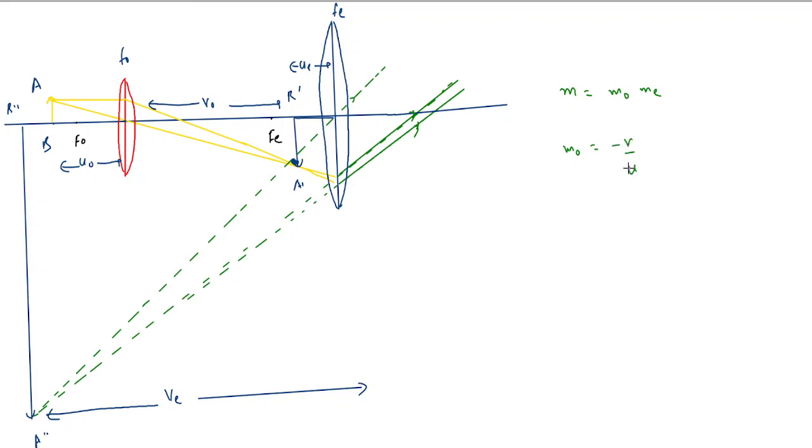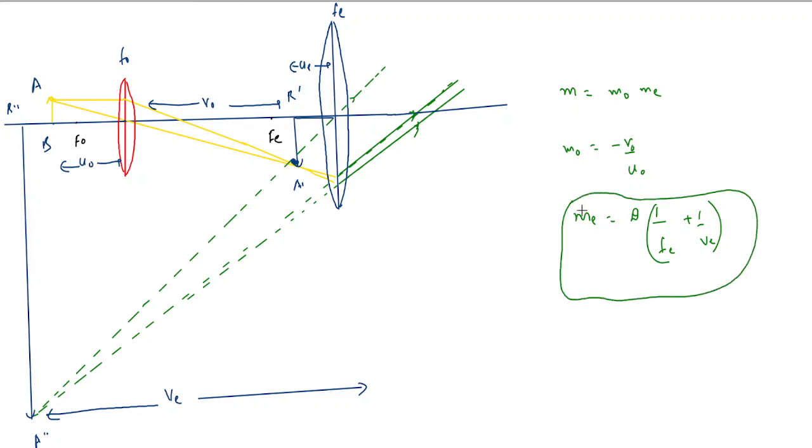Since it's the objective, it becomes v0 by u0, and the eyepiece is like a simple microscope, and we learned that for a simple microscope the magnification is given as D by (1 by fe plus 1 by ve). To understand this, go back and look at the simple microscope topic.